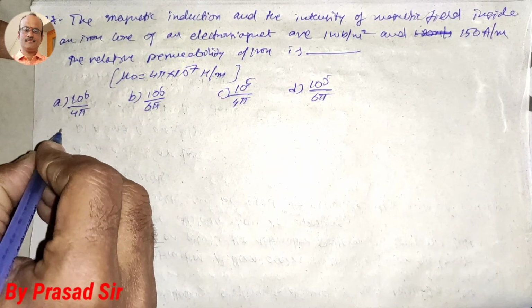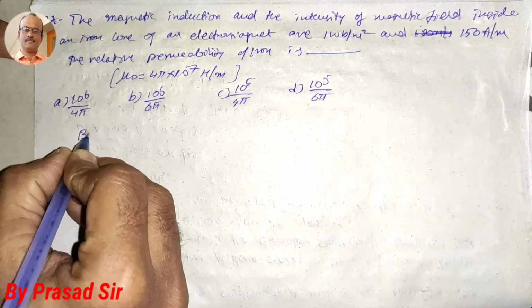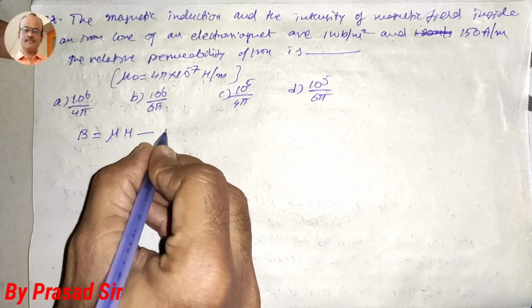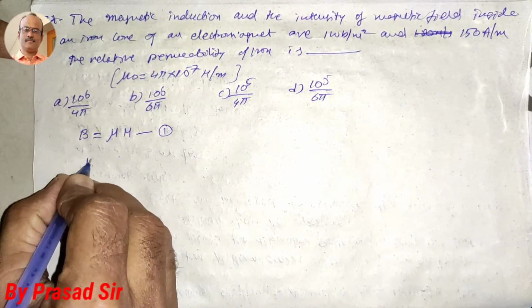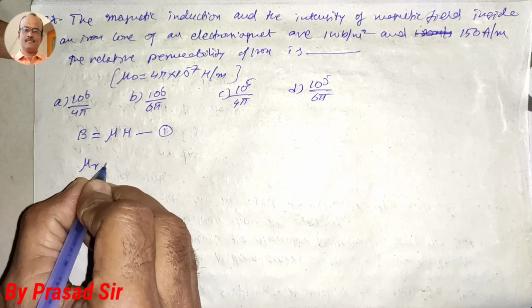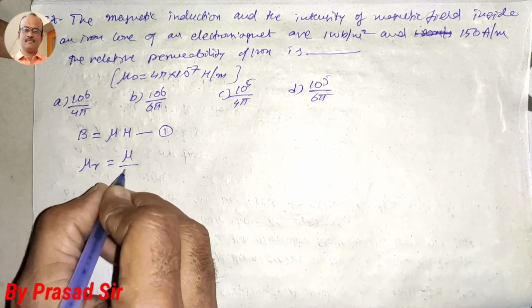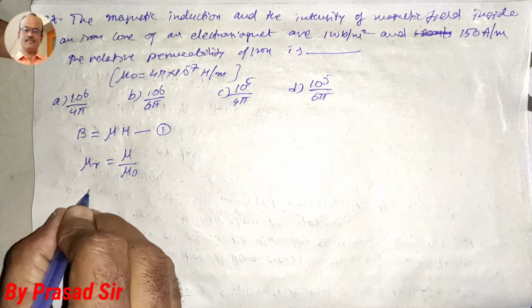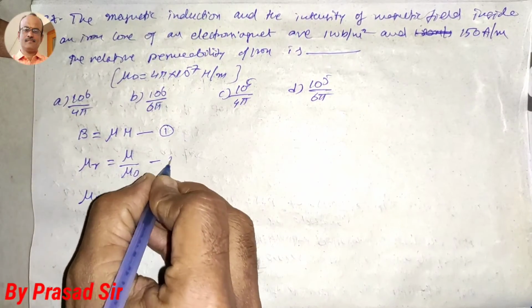Here the magnetic field of induction B is equal to mu into H. This is the equation number 1. Actually we know that relative permeability, mu R, is equal to mu by mu naught. This is the second equation.